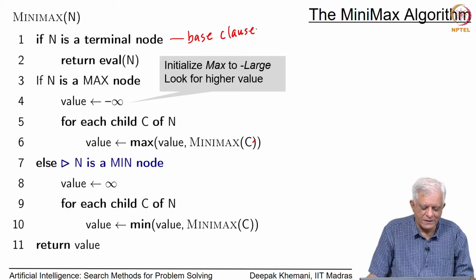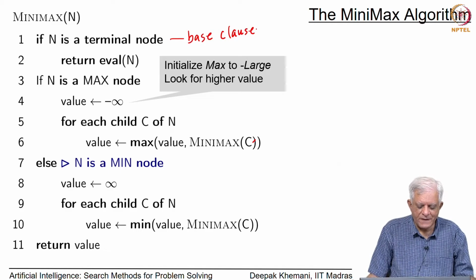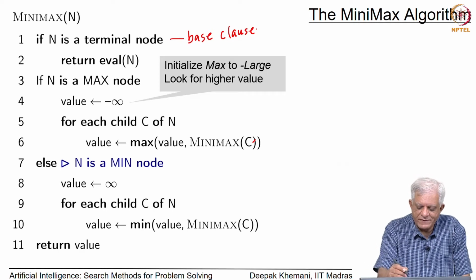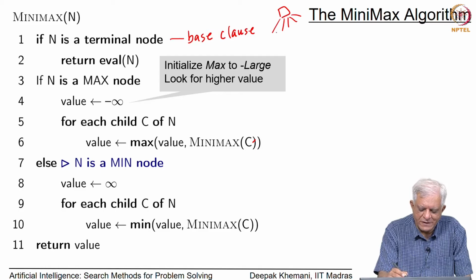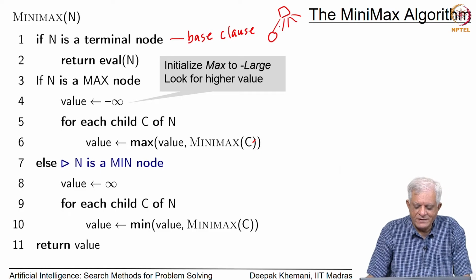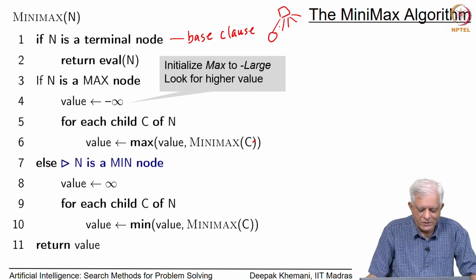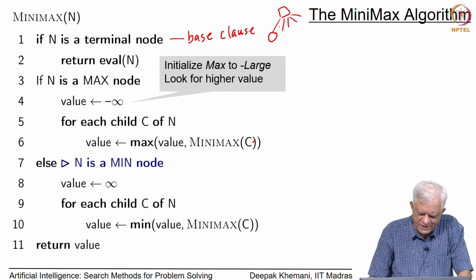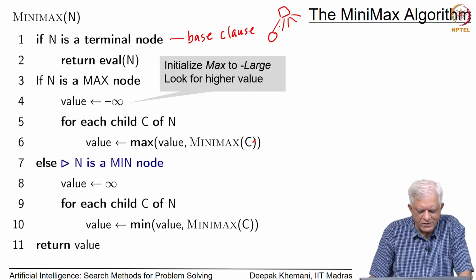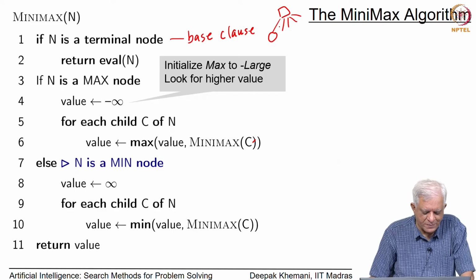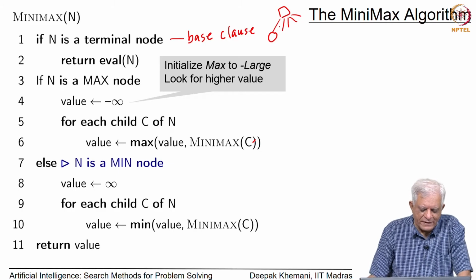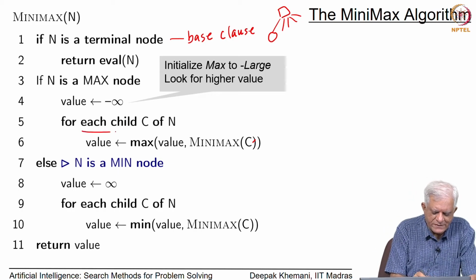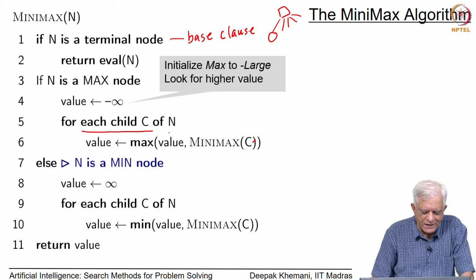If it is not a terminal node, then we do recursive calls. Remember that for max we will look at each of the children one by one. So, recursively we will call the first child, and this is what is shown here. We initialize the value of that max node to minus infinity or minus large if we are implementing a real program, and then for each child c of n we start with the leftmost child.